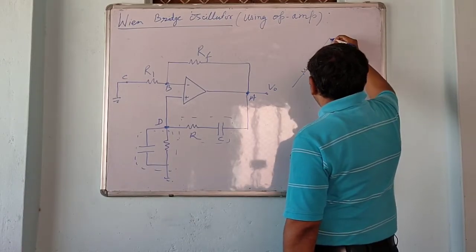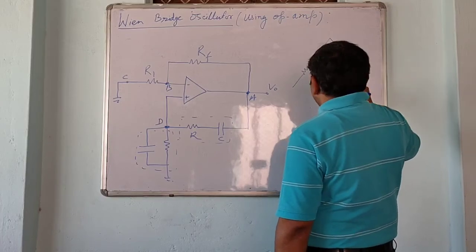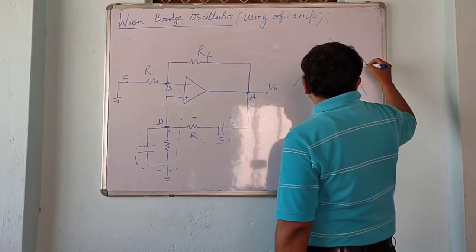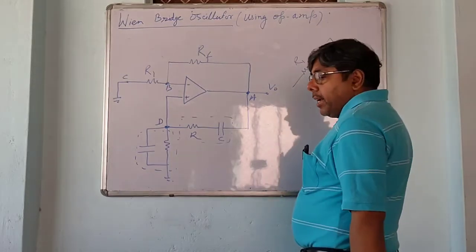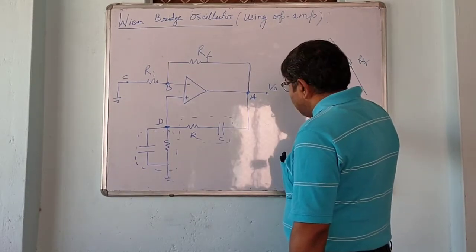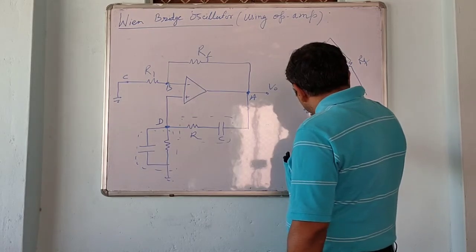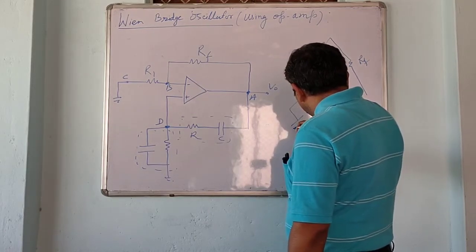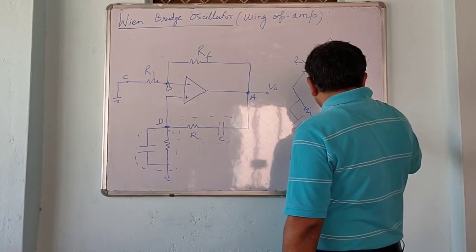we have two resistances. This is RF, R1, and here we have a parallel combination of RC. Here we have a series combination.